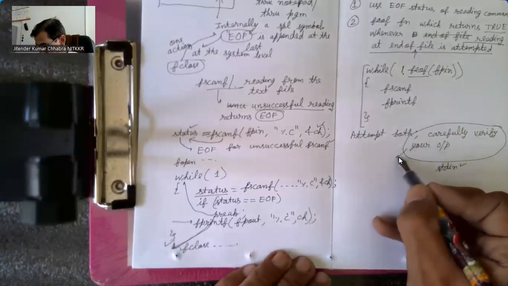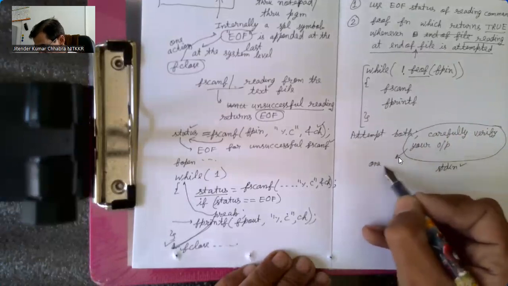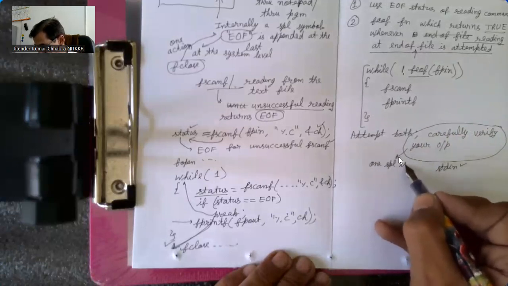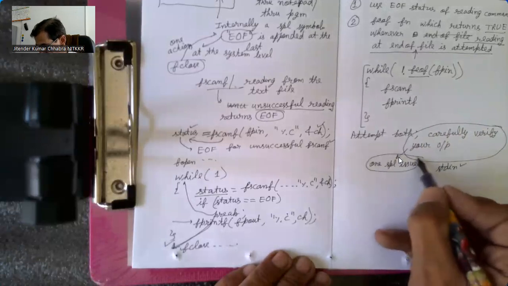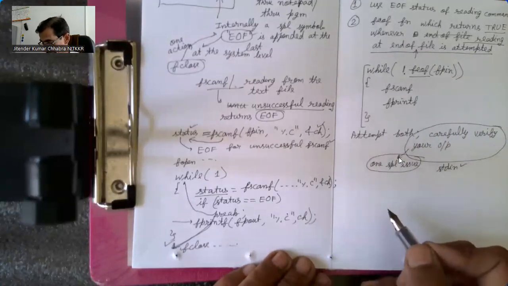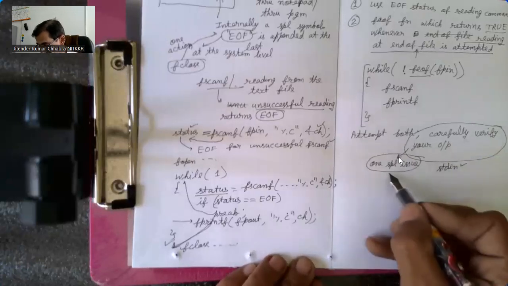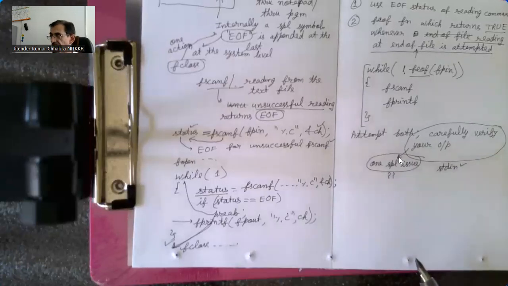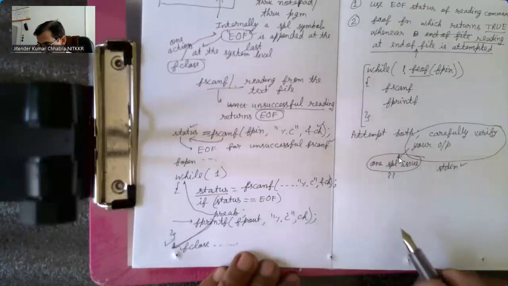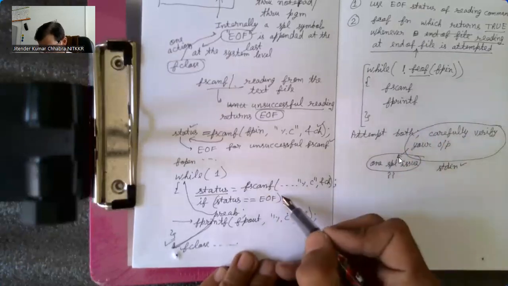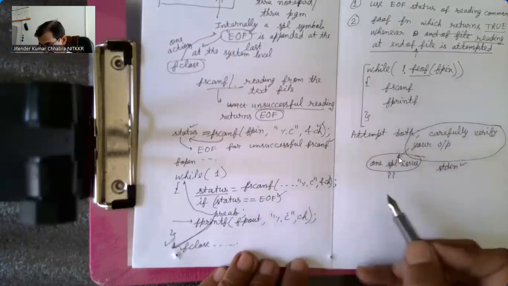Here also one special issue will be observed by you, and that we will solve next time. So carefully verify your output and check what problem is coming and whether you are able to detect that, and then we will talk of that solution. But otherwise, more or less, I have done that. So one way using EOF, and this.